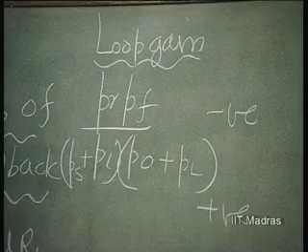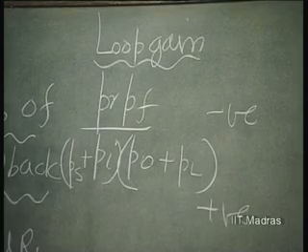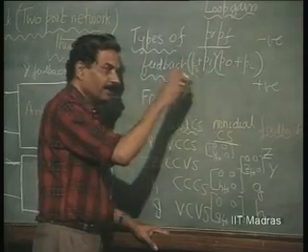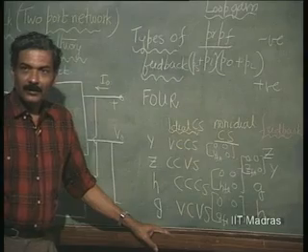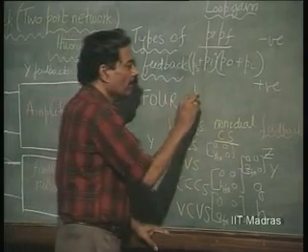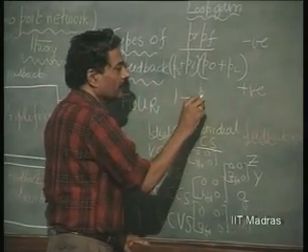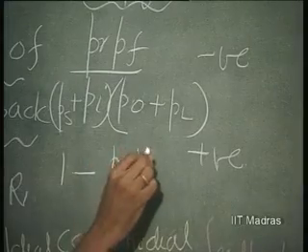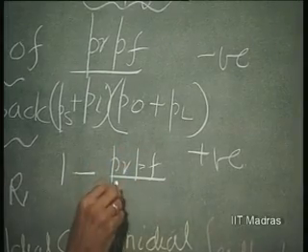Then the factor by which things improve will always correspond to 1 minus the loop gain. This we had seen.